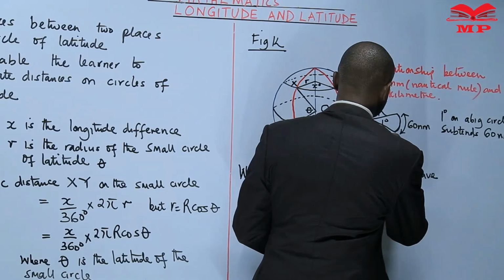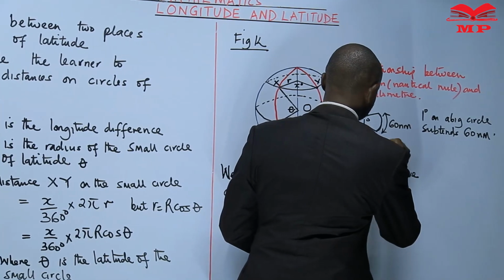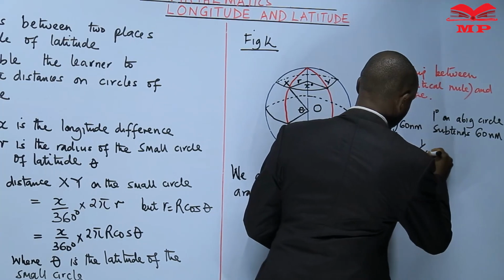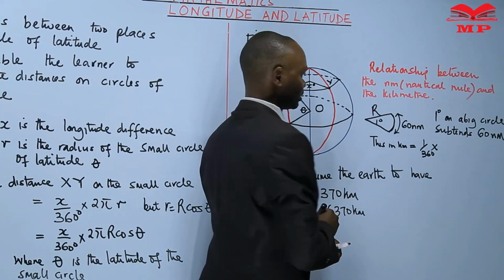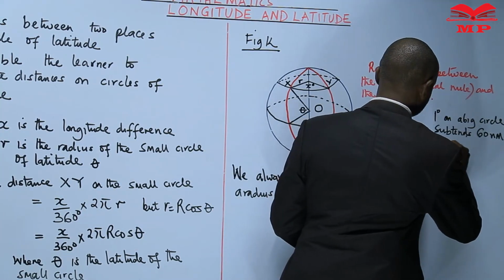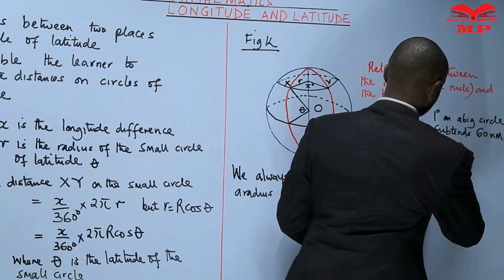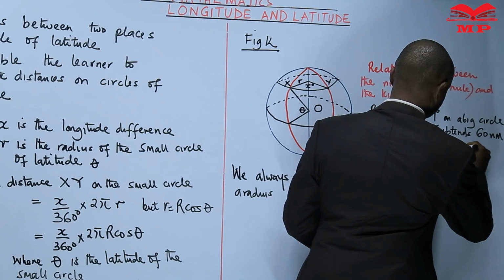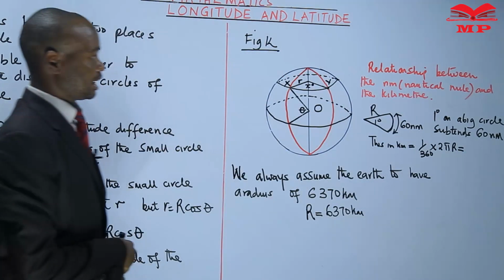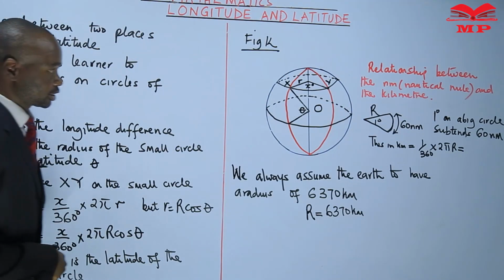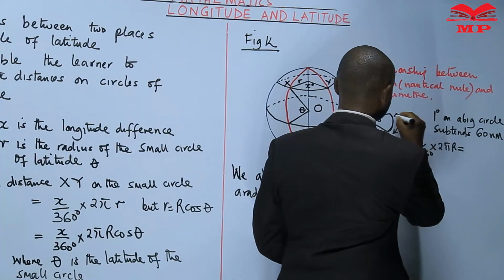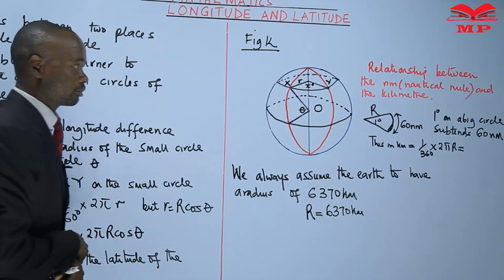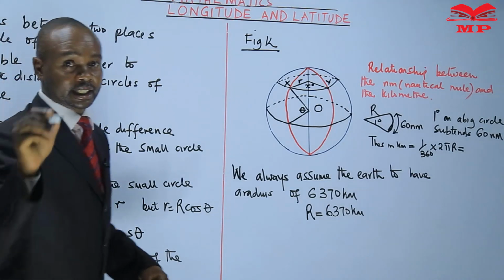This in kilometers is equal to 1 degree over 360 times 2 pi R. Because it is 1 degree, it is still the same distance, and the radius remains the radius of the earth because it is a big circle.